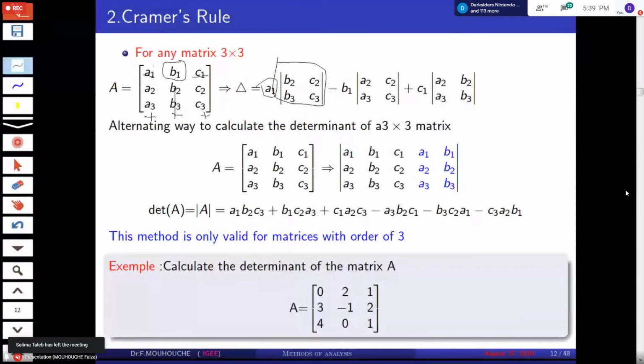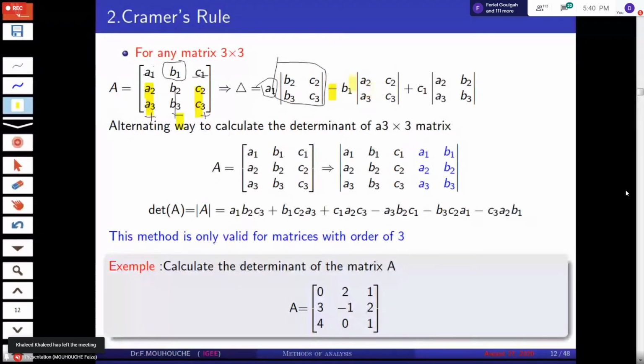The rest is the matrix of the second order, but here you must add a minus. So minus B1 multiplied by the second order matrix I2, C2, I3, C3.